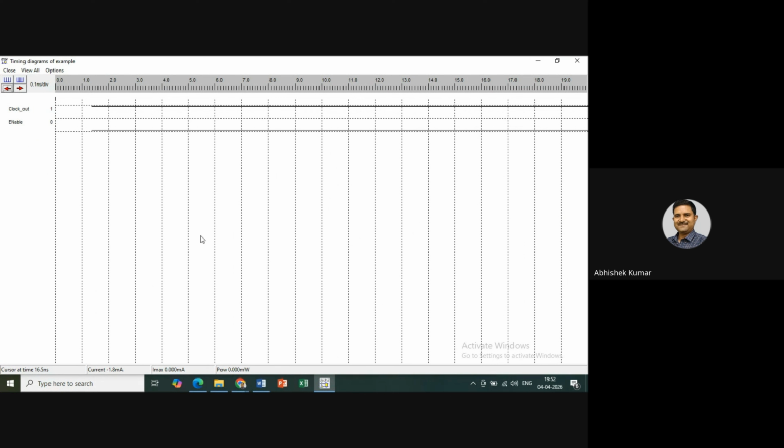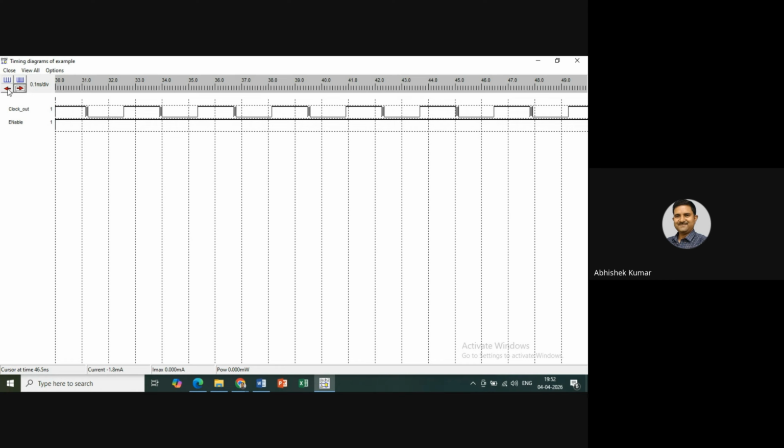The frequency which I am going to showcase here, look at this. This is my one time period, that is my 1 0, there is a 1 1. What is the time of it? Here I can measure 28 to 29. Here we have a total of 10 divisions.